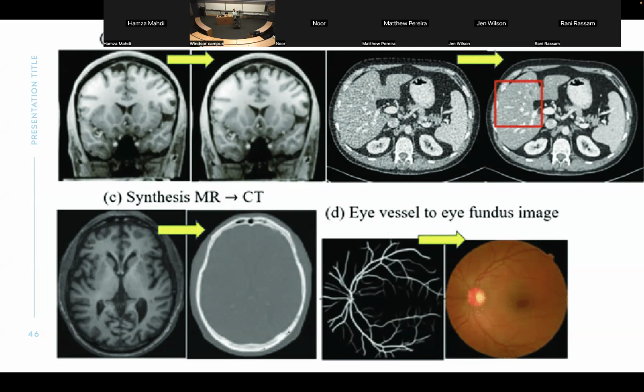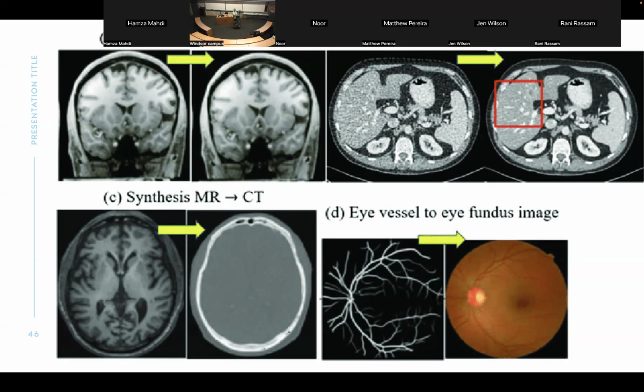People do have concerns for this, but it means that the AI is actually understanding the key points, the key features of the scan and is able to reconstruct it.